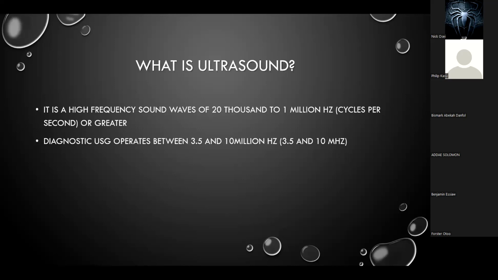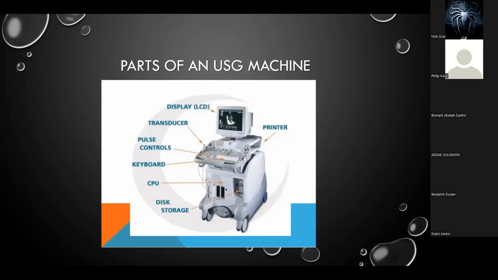What we refer to as ultrasound, or sound in the ultra high range, is one that has a frequency of between 20,000 to 1 million hertz, that is cycles per second, that's a unit, or more than that. In medical sonography, the ultrasound waves that we use have a frequency ranging from 3.5 to 10 million hertz thereabout. That's what we use in medicine.